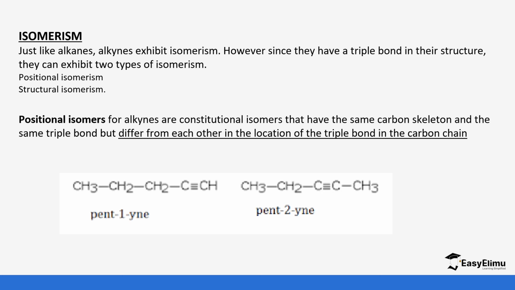For example, in this example of pentyne, the triple bond is in carbon number 1. This triple bond was moved to carbon number 2. And so we move from pent-1-yne to pent-2-yne. This is what we refer to as a positional isomer.